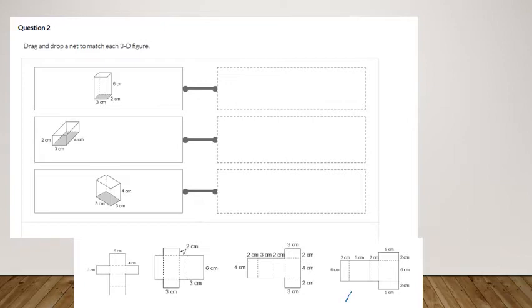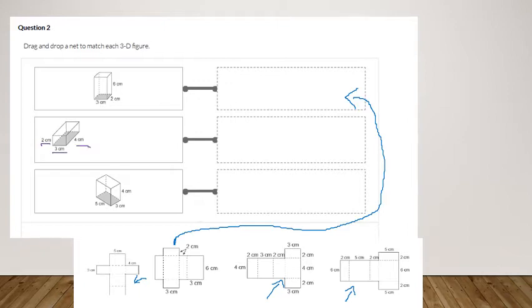This one has a 5. This one doesn't have a 6. And this one has a 5. So this one is the only one that has a 6, so I'm going to bring it up here and put it here.